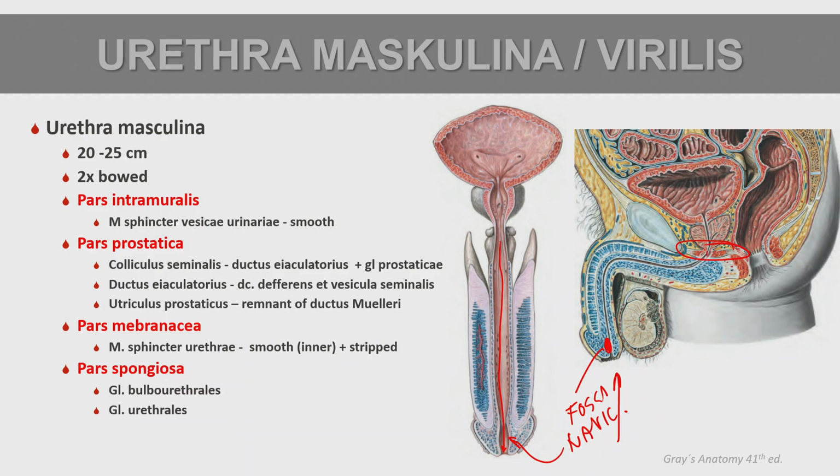And the second part is here. They are two critical points where improper insertion of a urinary tube could cause injury of the urethra, leading to bleeding and to scarring.